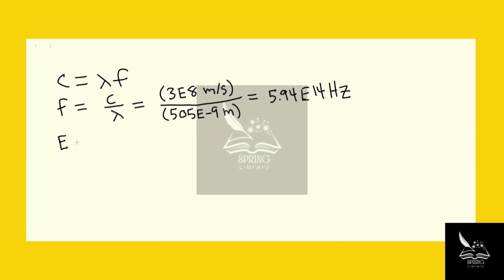Finding the energy for these photons is just as simple. We can simply take our frequency, which we just solved for, insert it into this very simple expression, and multiply.